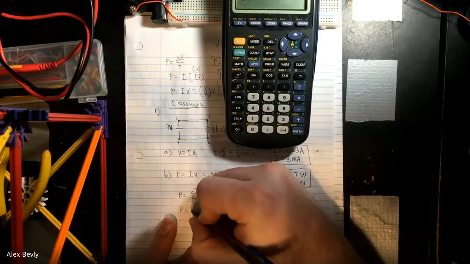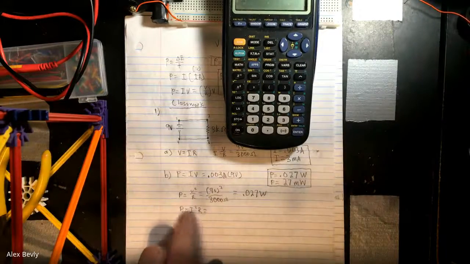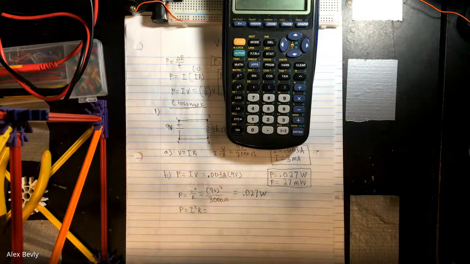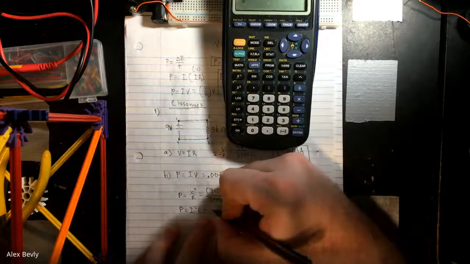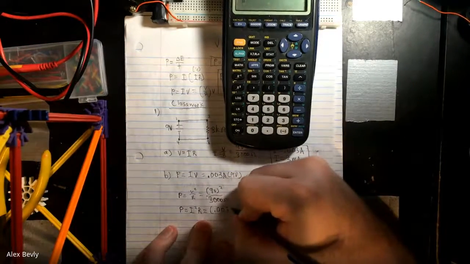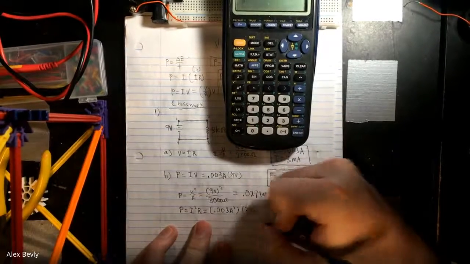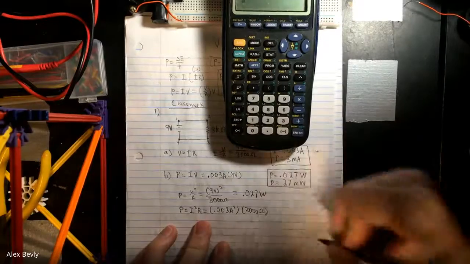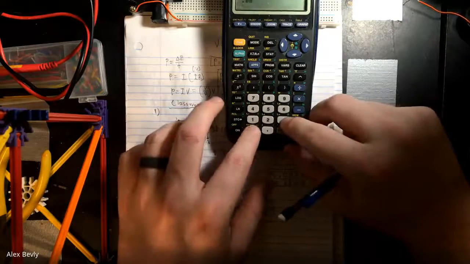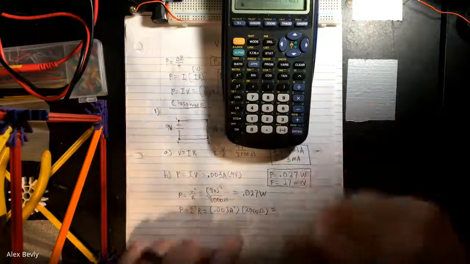Then we might as well test out our last equation. Power is current squared times resistance. There might be a time where you're given current and resistance, and if you use this equation, we won't have to go calculate the other values. So current, we got that 0.003 amps squared. We have a 3,000 ohm resistor. 0.003 squared times 3,000.